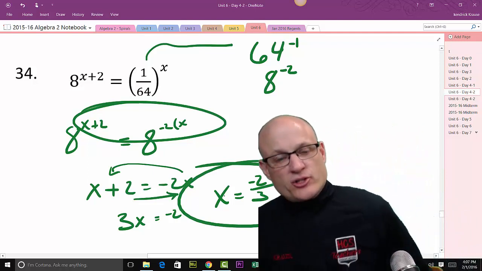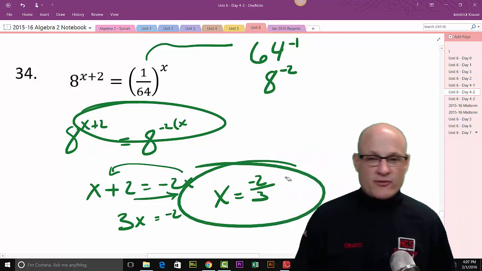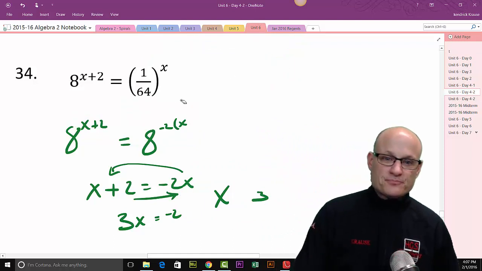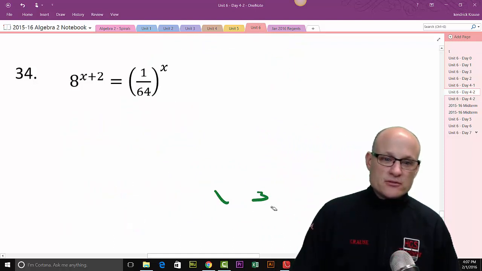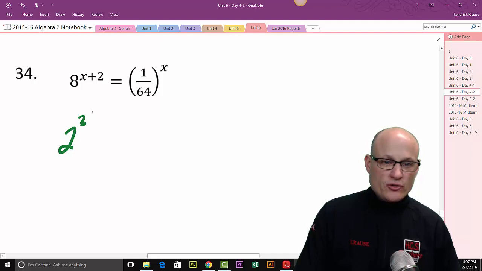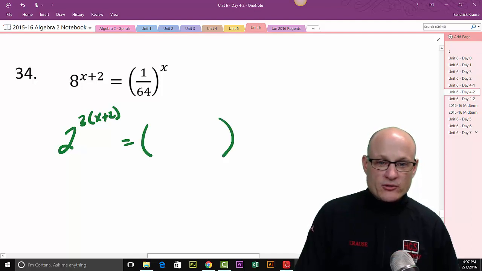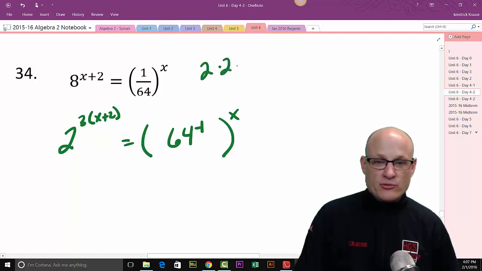So really what you want to make sure you're understanding is this. Let me show you another way to do this problem. First, we'll change this to 2 cubed to the x plus 2. And then this one, first thing you got to do is make it into 64 to the negative 1. And then you got to think 64 is 2 times 2 times 2 times 2 times 2 times 2.